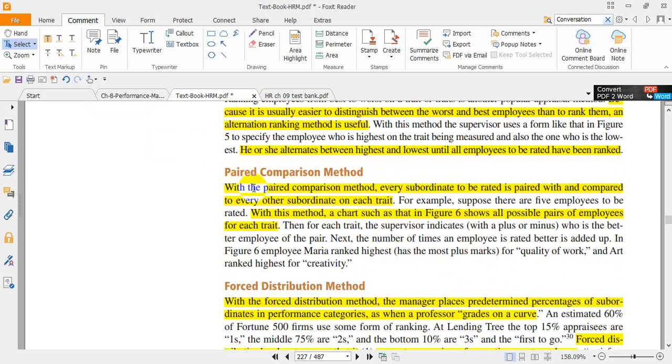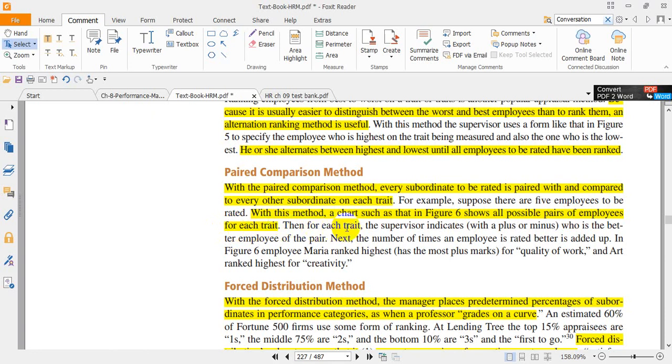The paired comparison method is the third step. With the paired comparison method, every subordinate to be rated is paired with and compared to every other subordinate on each trait. For example, suppose that there are 5 employees to be rated. With this method, a chart such as that in figure number 6 shows all possible pairs of employees for each trait.